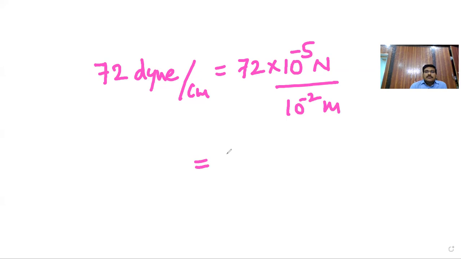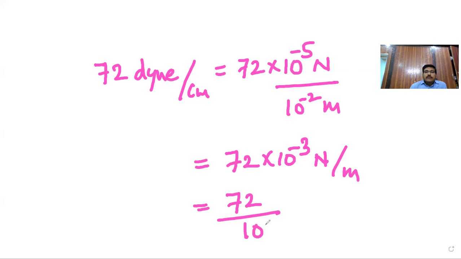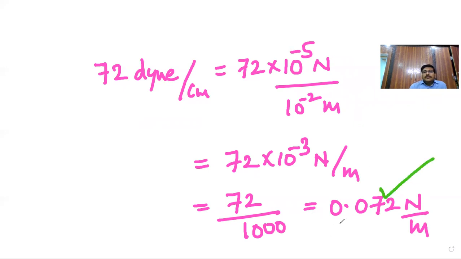Simplify. So 72 into 10 to the power of minus 3 Newton per meter. So 72 by 1000 becomes 0.072 Newton per meter. So this is the SI system. Clear?